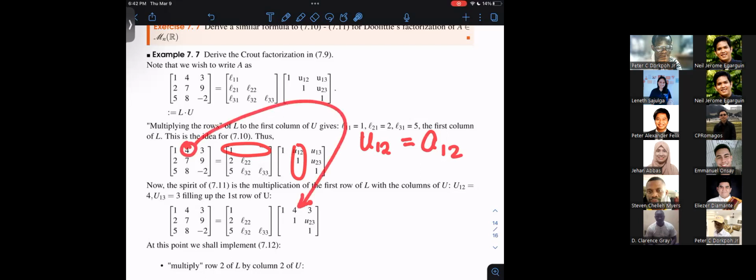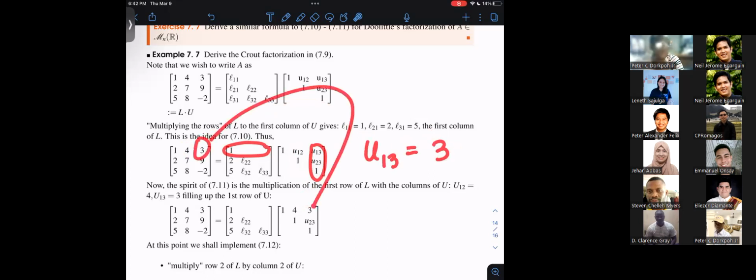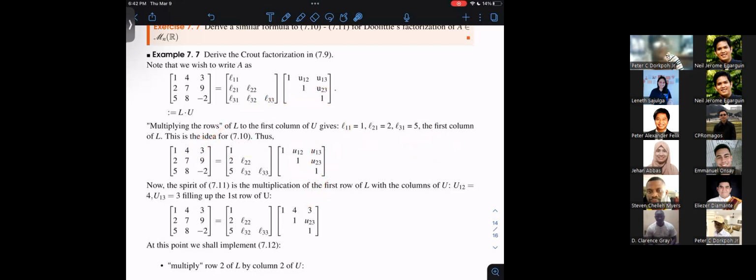So 4 goes there. And then first row times the third column will just leave us with U13 equal to 3. So that goes there. So again, I think the pattern is clear here. The first row of the matrix U is also the first row of the matrix A.